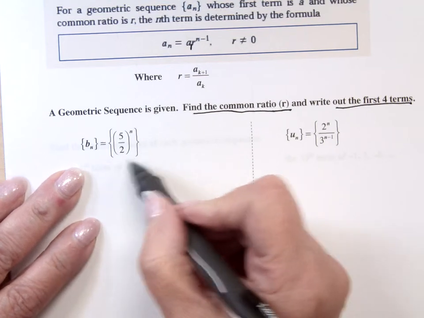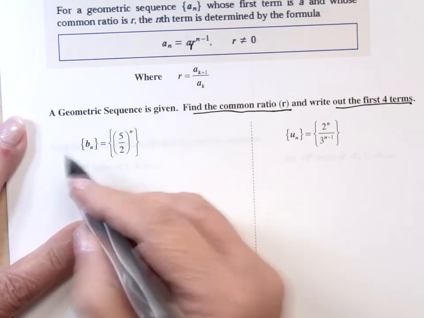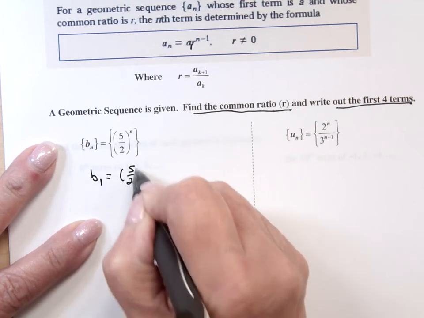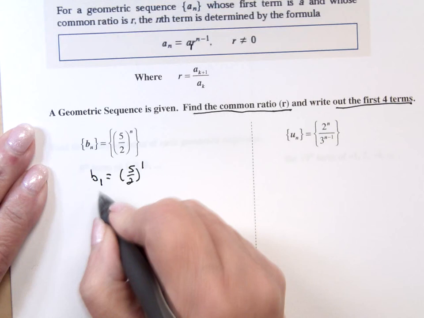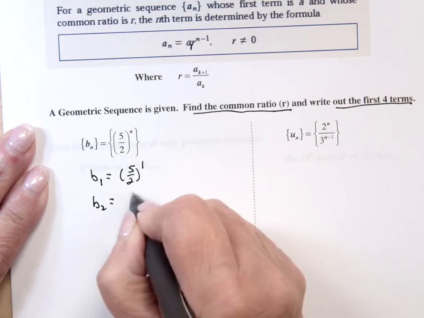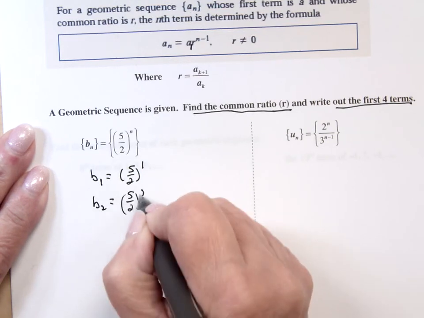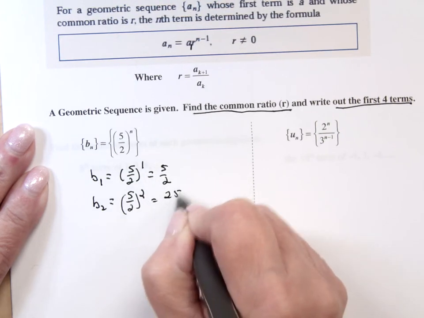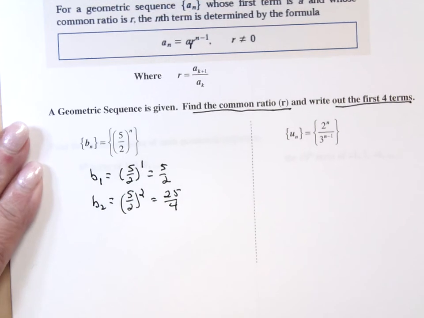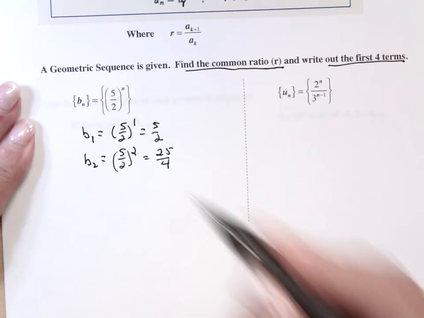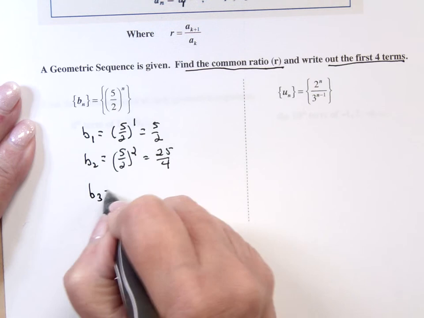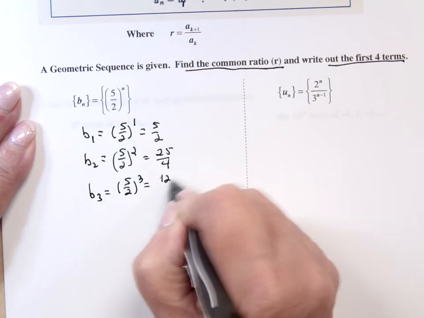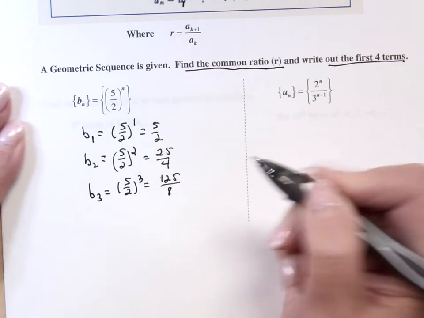So the first 4 terms: b sub 1 is 5 halves to the 1, so this is 5 halves. B sub 2 is 5 halves to the 2, which is 25 fourths. B sub 3 is 5 halves cubed, that's 125 over 8.